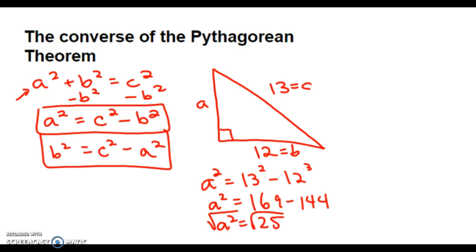Take the square root of both sides, and you get A equals 5. So the missing leg is 5 units. Let's look at a couple other problems.